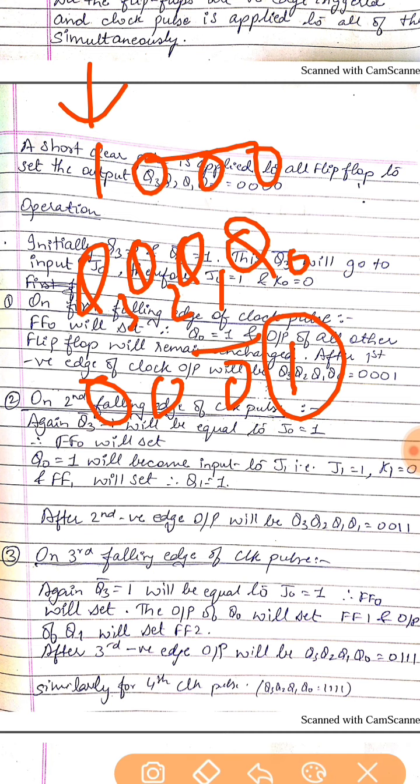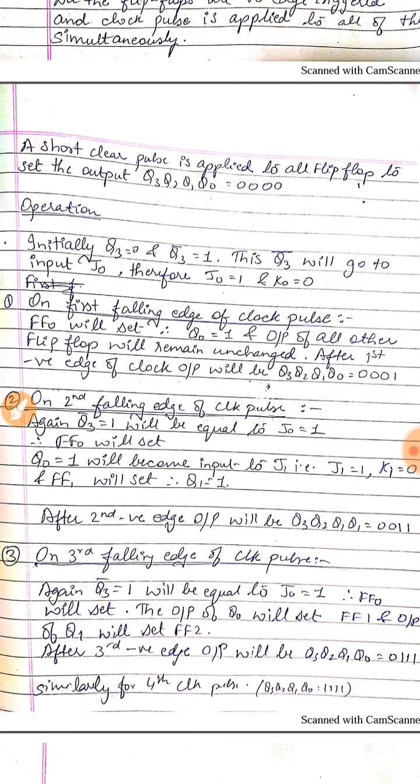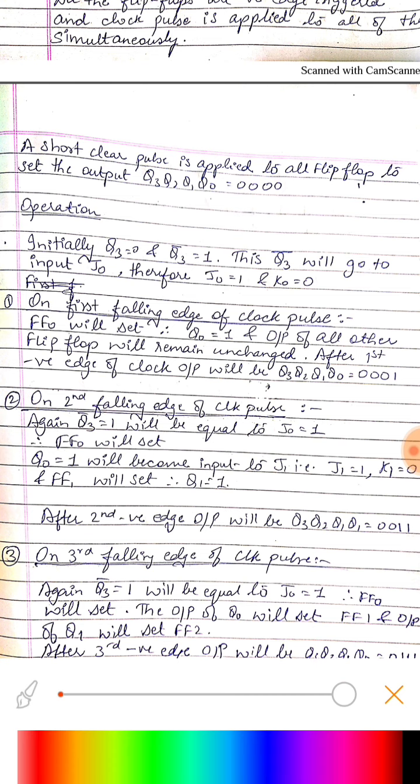Now on the second negative edge, what would happen? On the second edge, Q3 bar is 1, so J0 is equal to 1, and this will set the flip-flop. FF0 will set.